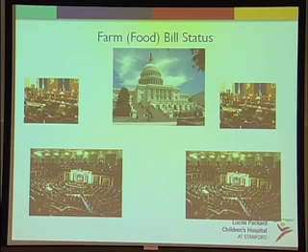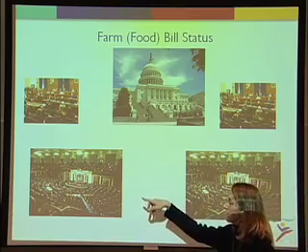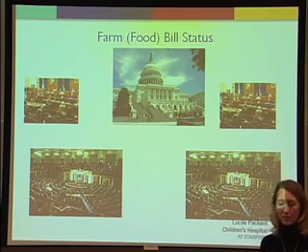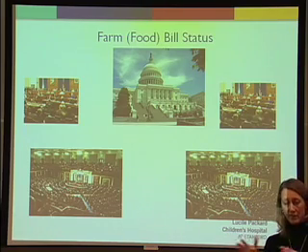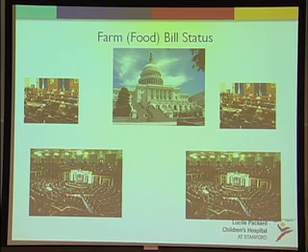So where is the food bill right now? Just as you guys remember, bills go to the Senate and the House, and then in the committee, these are pictures of committee buildings, committee meetings, they're voted on in the appropriate committee, and then they go to the entire floor if they don't die in committee to be voted on. What has happened is that the food bill has gone through the Senate and passed its version. The House has done the same thing with its version.